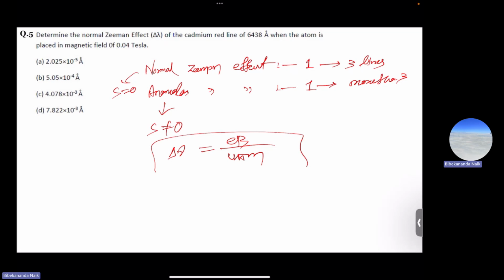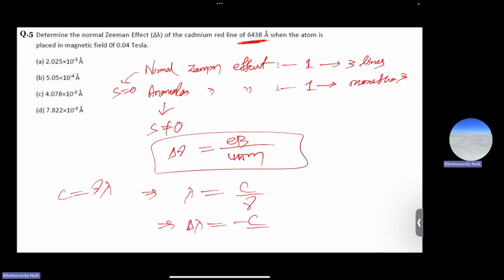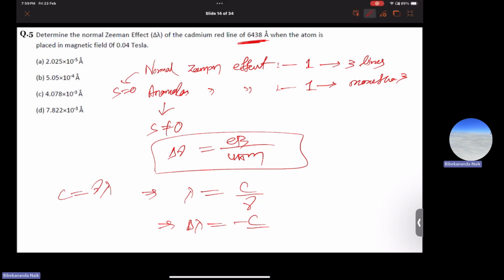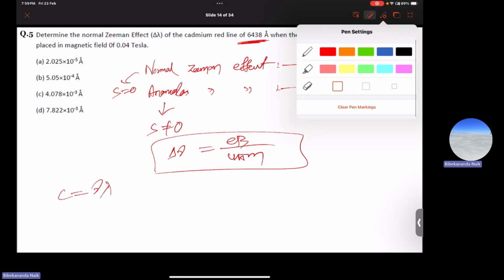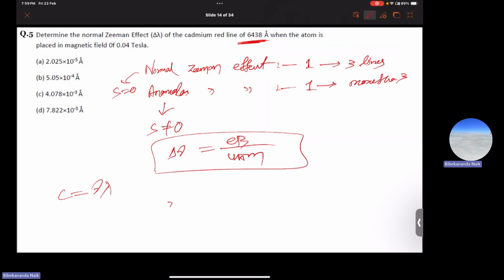But here the question is given in terms of wavelength. We know c is equal to lambda into nu, or nu is equal to c by lambda.